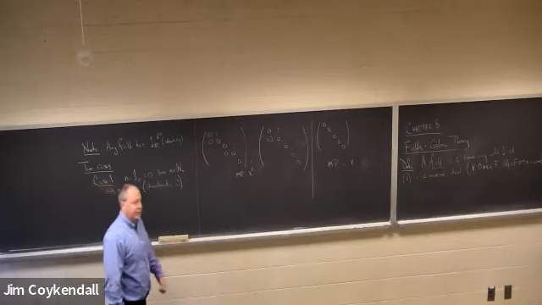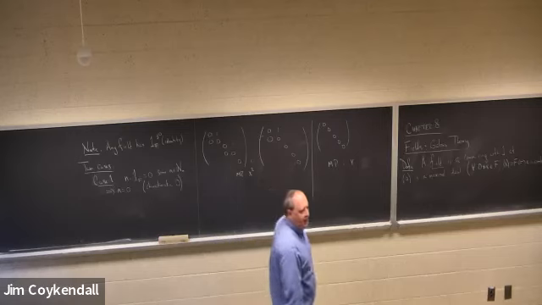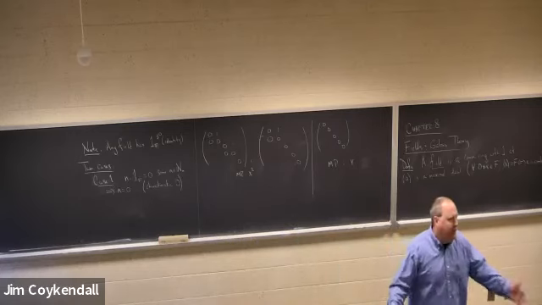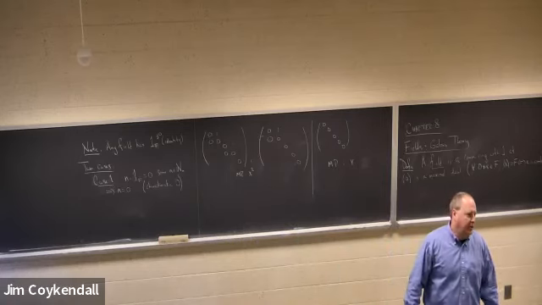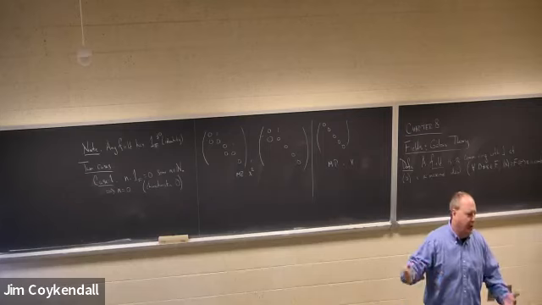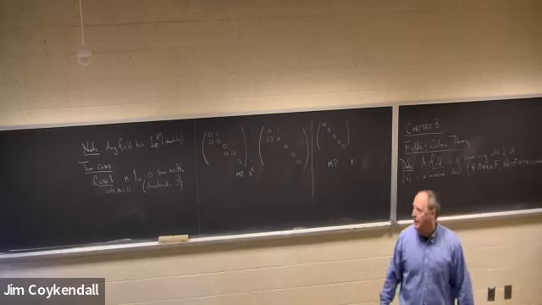And what that means is if you start adding the identity to itself, it's never zero. 1 + 1 is 2, 2 + 1 is 3, and this process continues and you never get to zero.